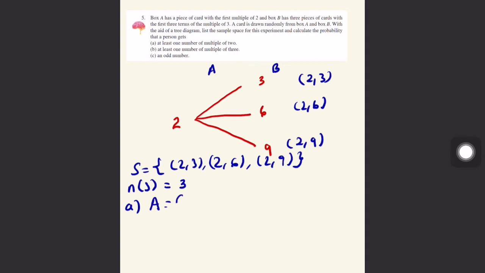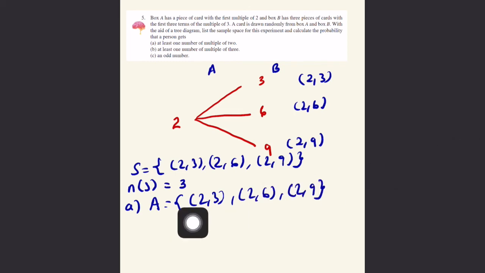Event A, we have all of them: 2, 3, 2, 6, 2, 9. Because of the multiples of 2, 2, 2, 6. Because it says at least one number, meaning it can be 1 or more. So probability of A is 3 over 3 is equal to 1.